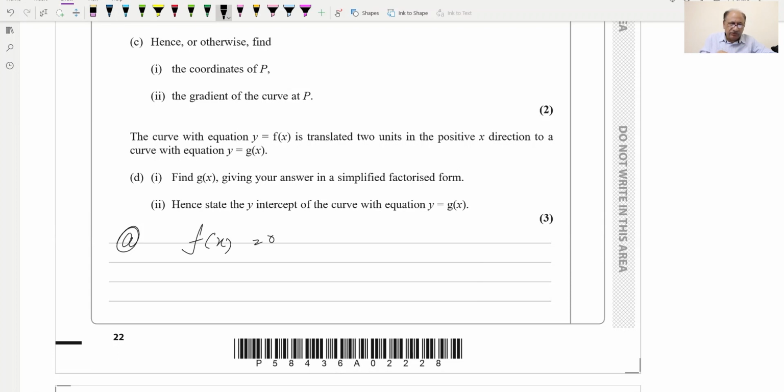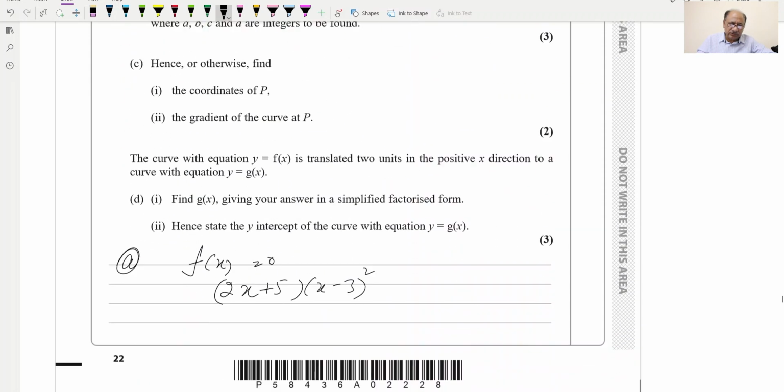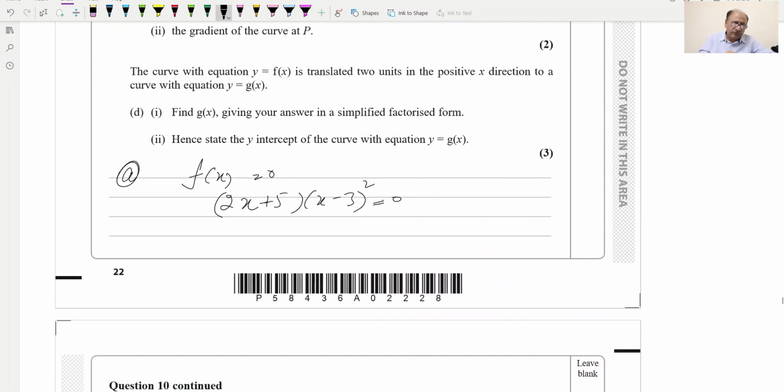This implies 2x plus 5 into x minus 3 squared, this is our f of x, is equal to 0. This implies 2x plus 5 is equal to 0, or x minus 3 squared is equal to 0. So x will be equal to minus 5 by 2, and x is equal to 3.